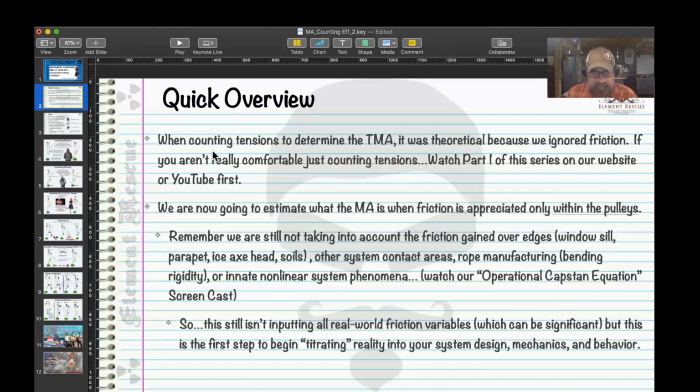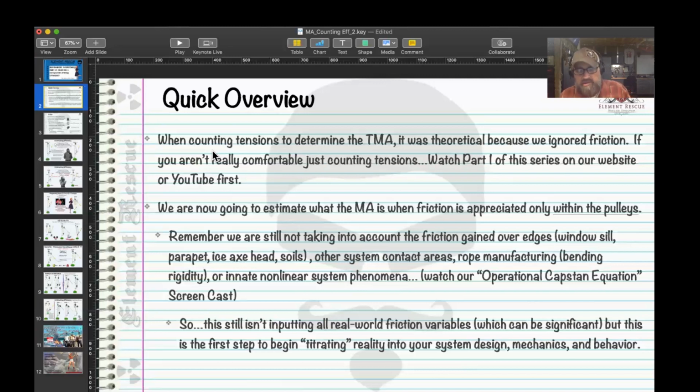Like we said before, we're not taking into account friction gained over edges, windowsills, parapets, ice axe heads, different soils, or other system contact areas. Even rope manufacturing varies in how efficient things are within a pulley, depending on the bending rigidity of your rope, the manufacturing style, even single versus double bobbin sheaths and the stiffness of that.